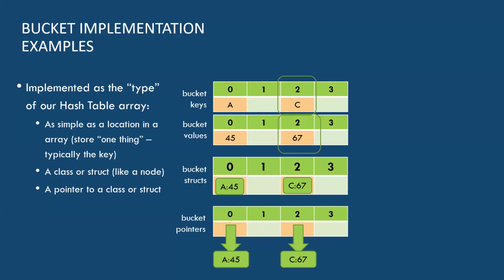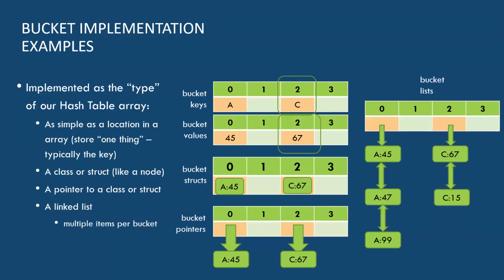So our array is an array of pointers to nodes, and every bucket is the head of perhaps a linked list. In this case, I'm just saying there's no linked list, it's just one thing. But if we had collisions, we could use our linked list as a way of managing those collisions.